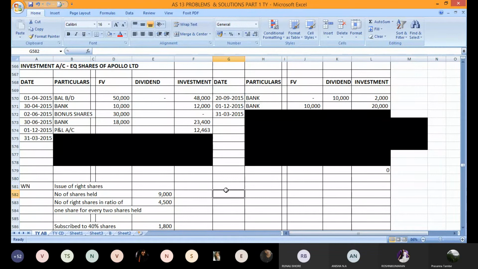This is how the entries will be made in your ledgers. Did you post the entries into the ledger accounts? Yes, sir. Okay.